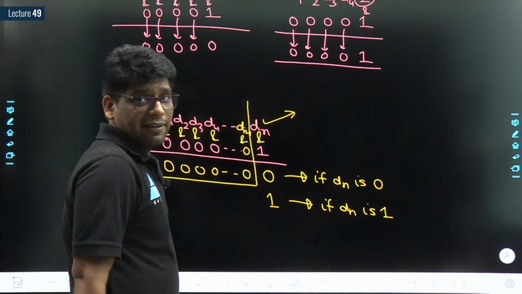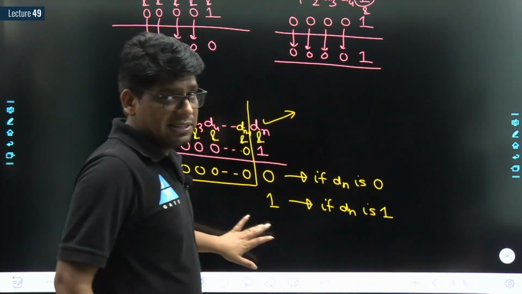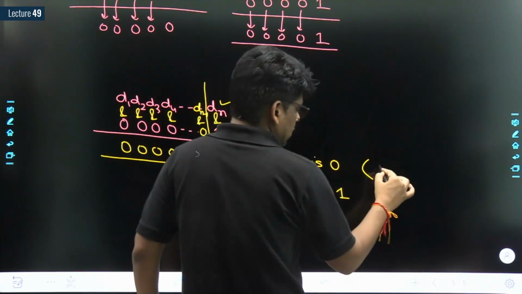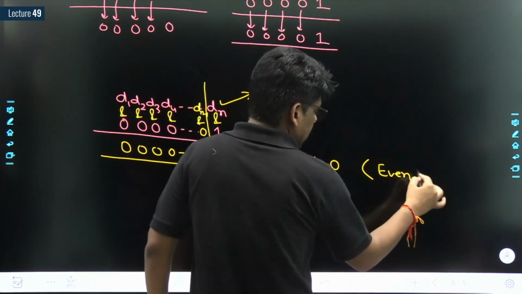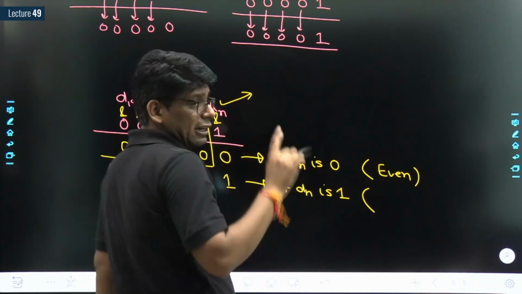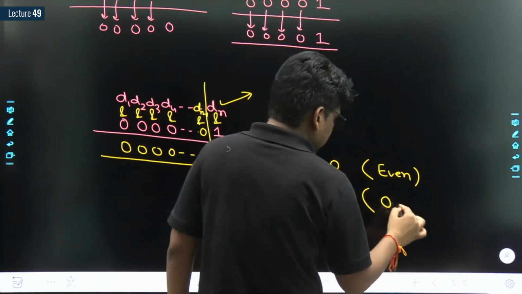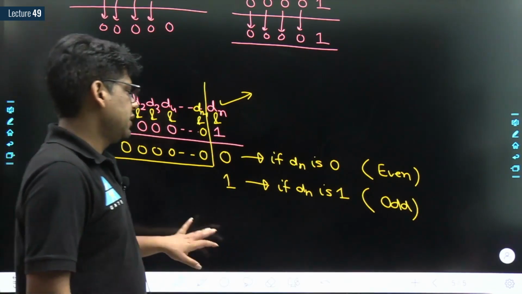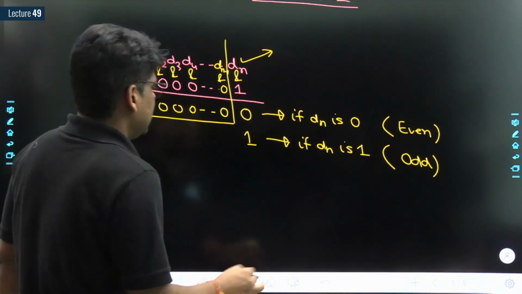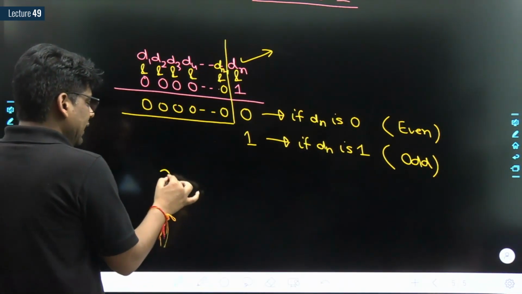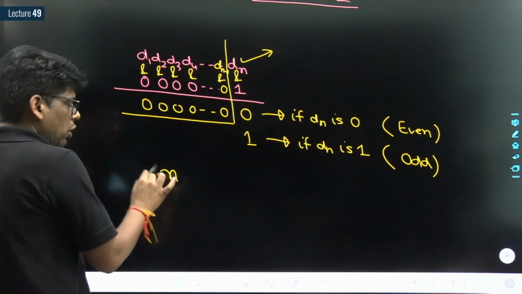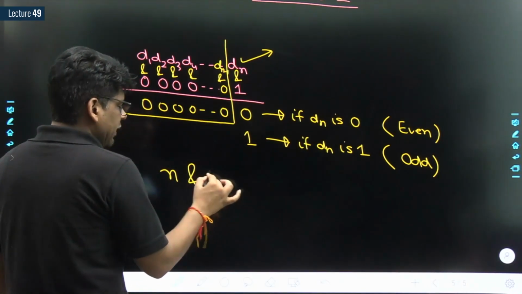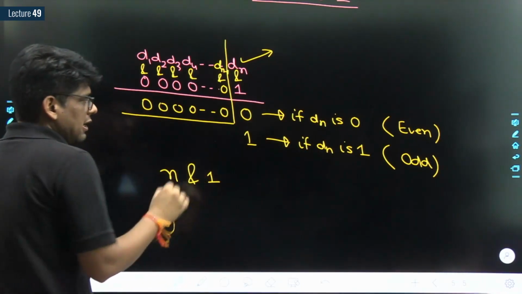So tell me, if dn is 0, can I say the number is even? And if dn is 1, that means the last bit is 1, can I say the number is odd? Think about it, focus here. If we have any odd number and I perform bitwise AND with 1, what is the result?